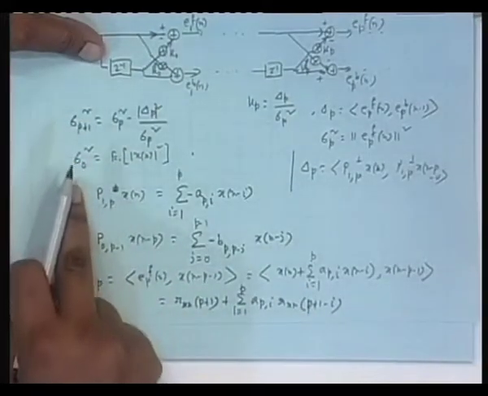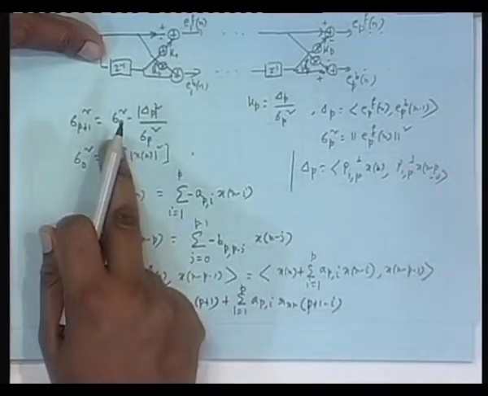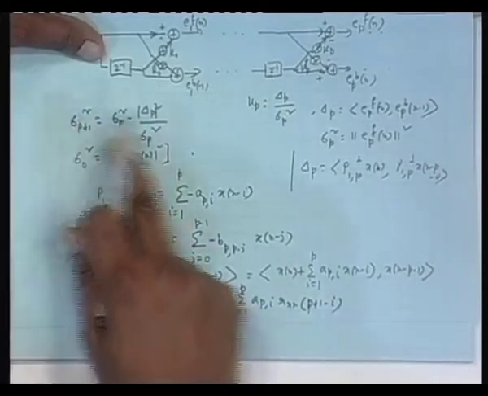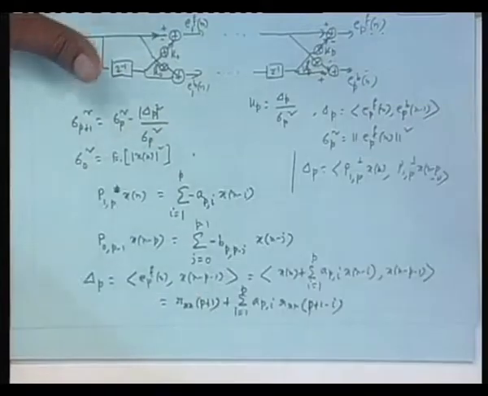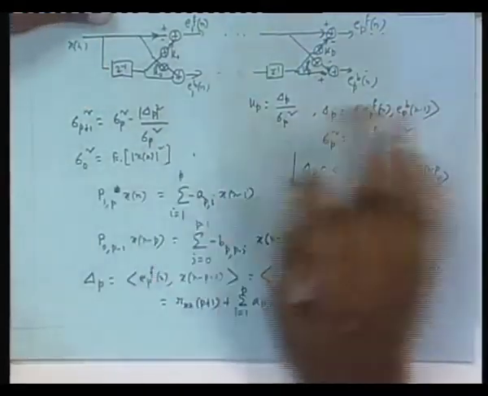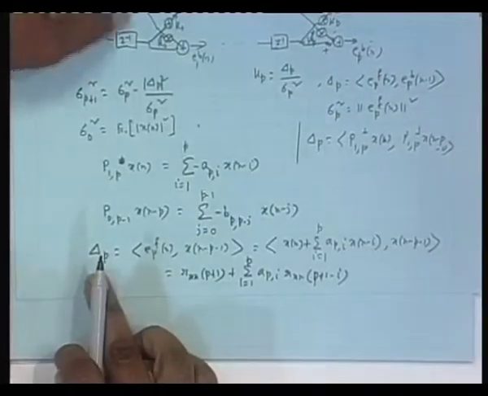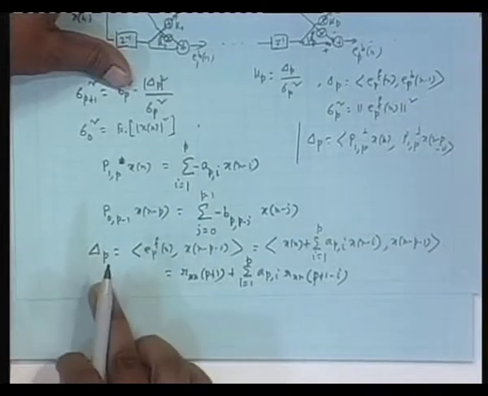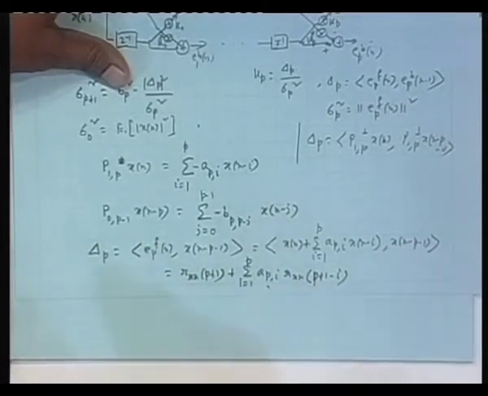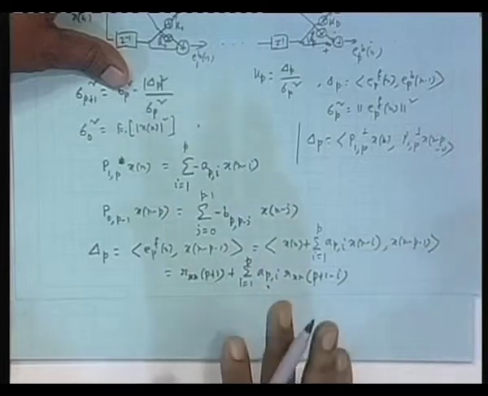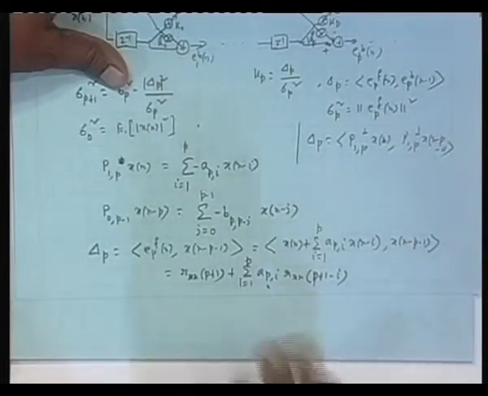Sigma p square could be updated recursively very simply. We don't have to carry out the sigma p square computation elaborately and explicitly in all terms. It can just be updated recursively. Delta p cannot be. But for that I need these coefficients. Not only the correlation values, which my assumption is are given to you, but I need these coefficients.